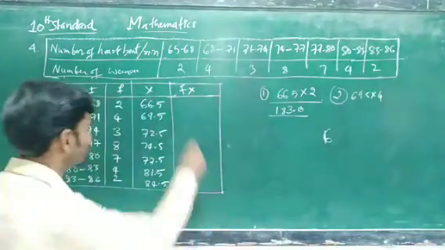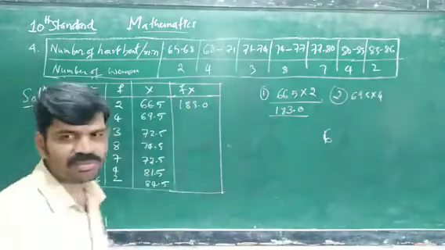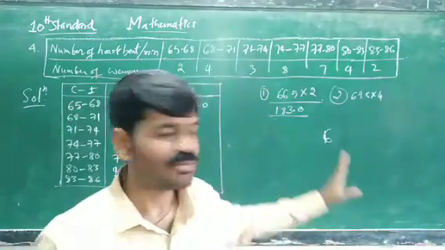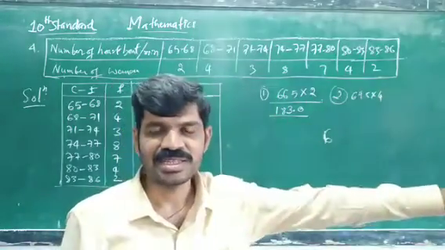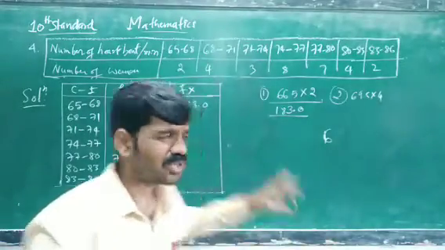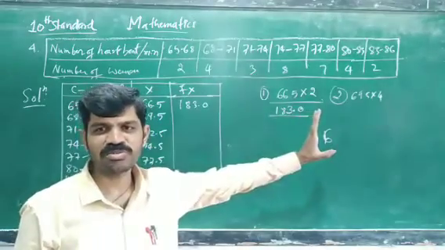You have to record it and write it here. This calculation you have to write very neatly and keep it aside. By opening the last page and calculating, you should not put it here. Besides this only you have to multiply it, and this multiplication should be very neat.